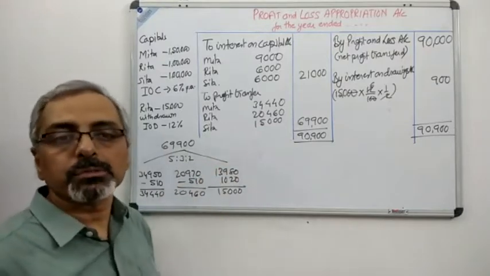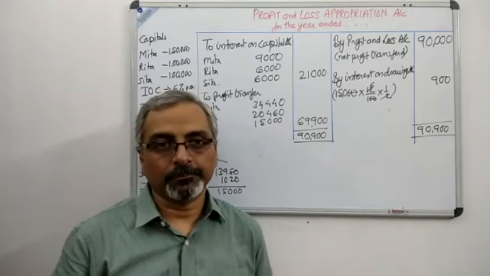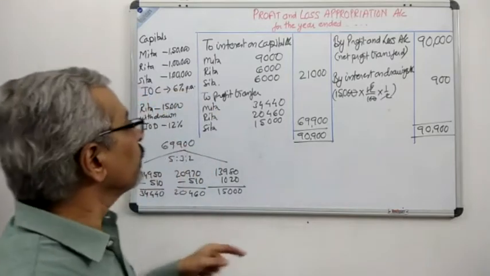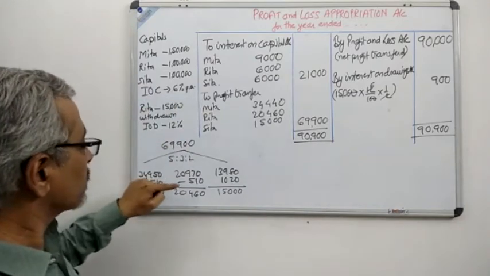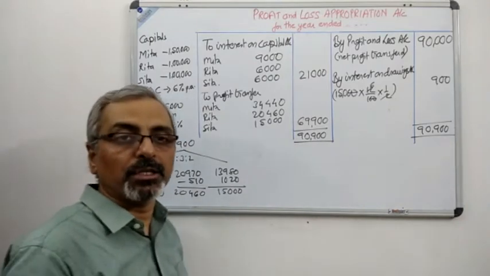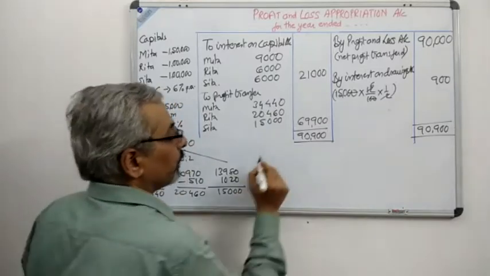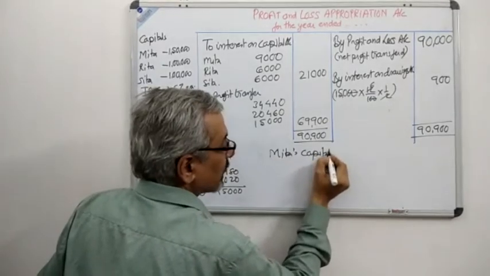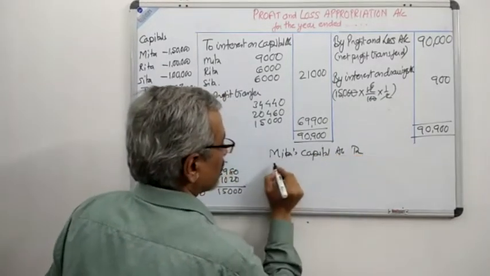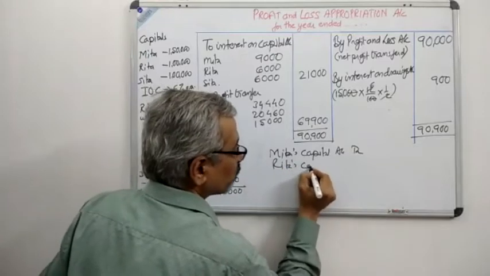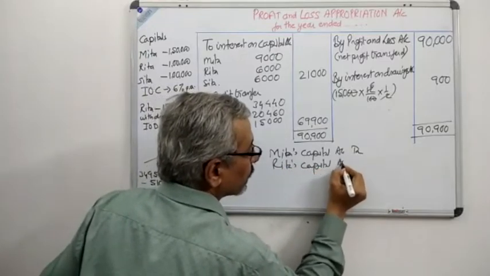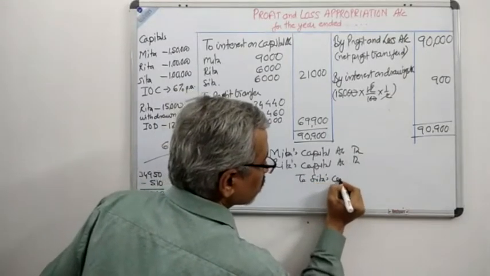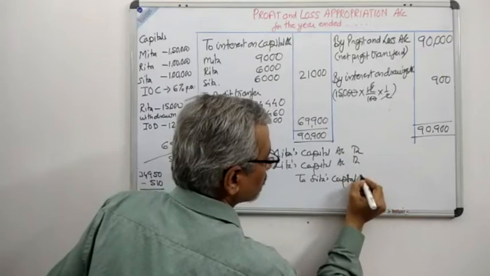Now the question is also asked to do a journal entry for the adjustment of the deficiency, and you can see over here very clearly that the first partner and the second partner have given 510 each. So therefore we'll do the journal entry over here. Mita's capital account debit, Rita's capital account debit to Sita's capital account.